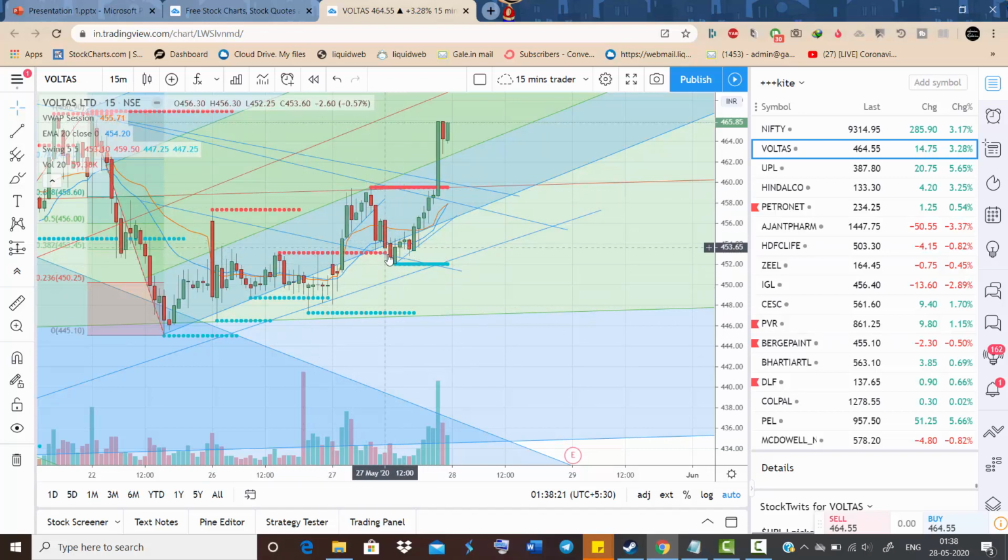Once there's a reversal after the swing, you can re-enter the trade and double your position for an initial target of the earlier highs. So we entered above this, doubled our position here, and booked profits above 462. This is what happened in Voltas today.